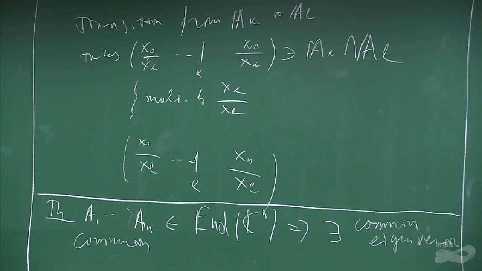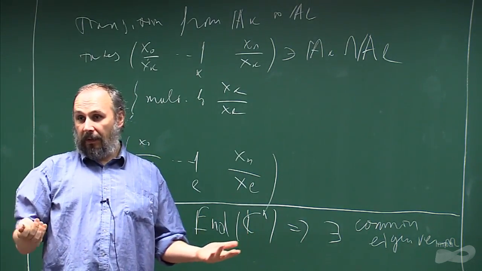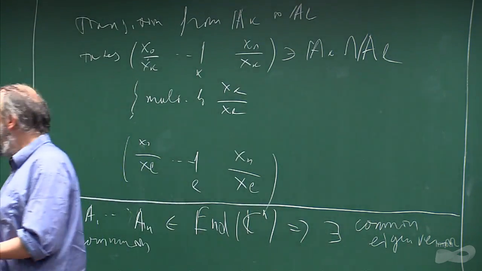Okay, let's start with 2. A1 and A2 commute. Since we work over C, there is a non-trivial eigenvector and eigenvalue.